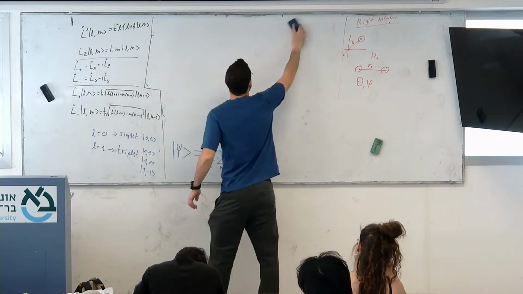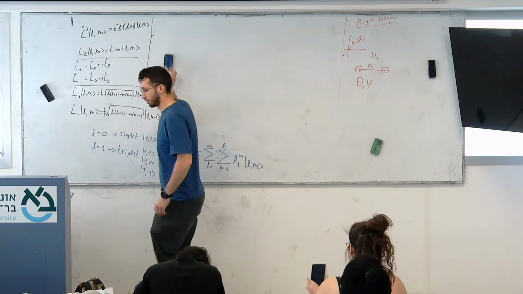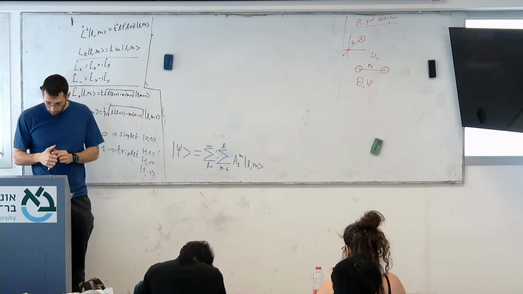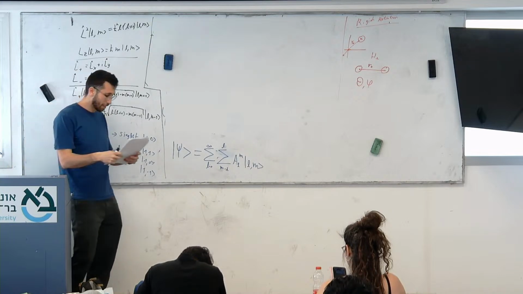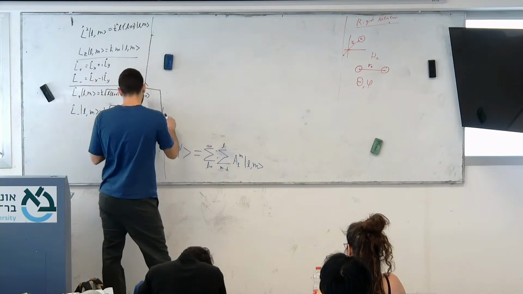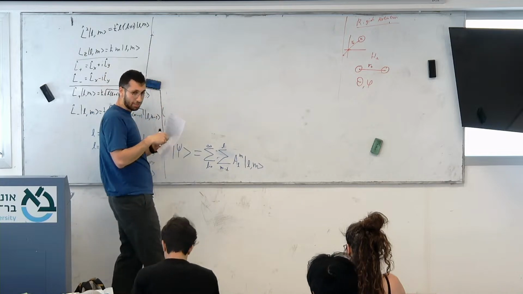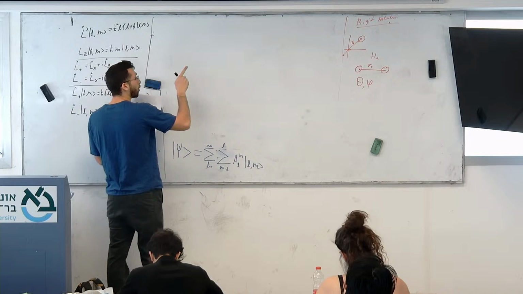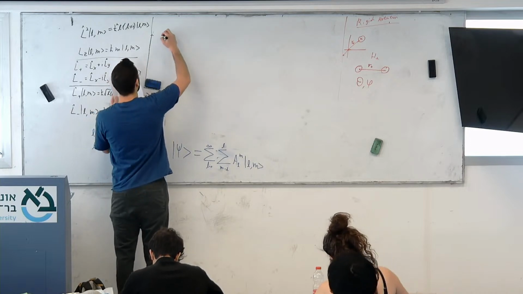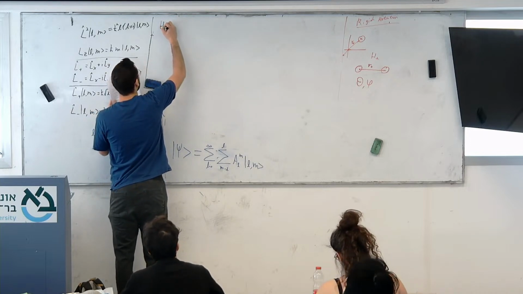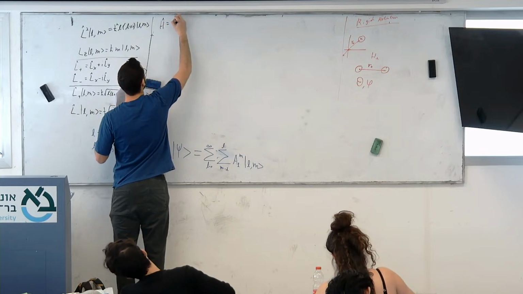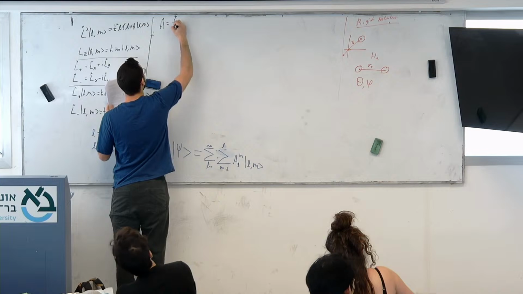So after we had some motivation, I'm going to give some general explanation. It's more of a motivation, it's not a proof, for why for the rigid rotator we write the Hamiltonian as L squared over 2I.